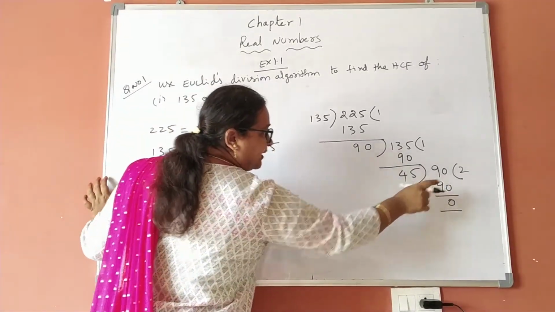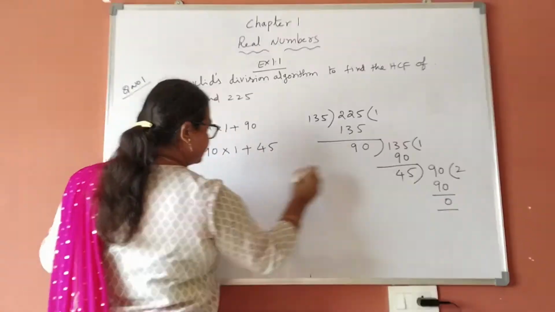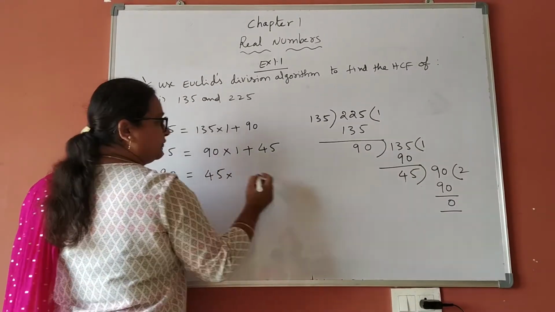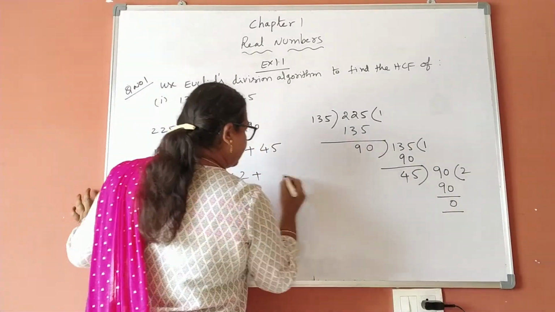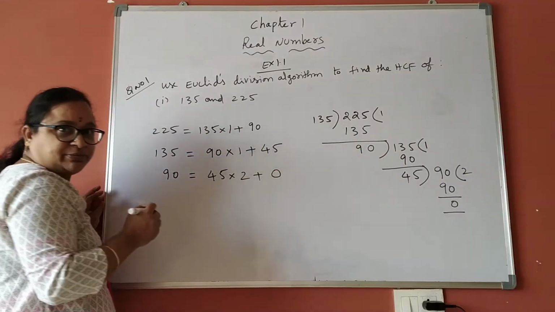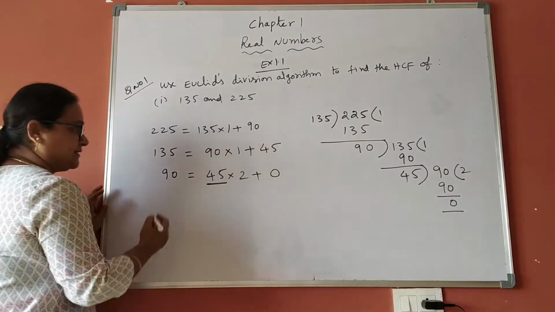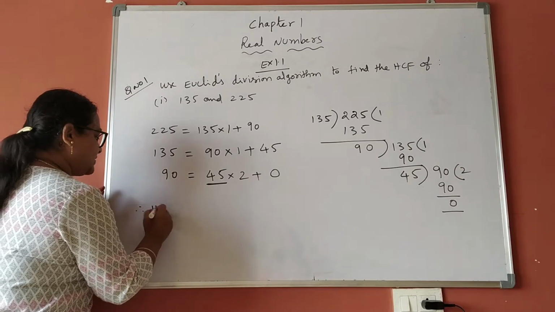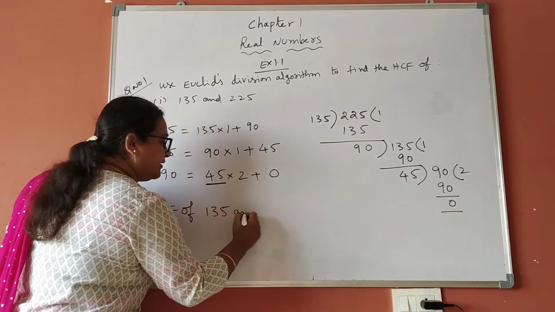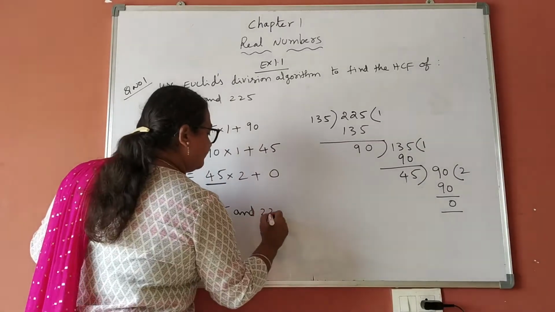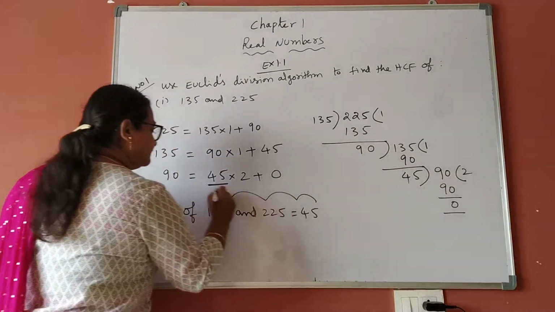Third step, dividend 90 is equal to divisor 45 into quotient 2 plus remainder 0. We got 0 remainder here, so this divisor is the HCF. Therefore, HCF of 135 and 225 is equal to 45.